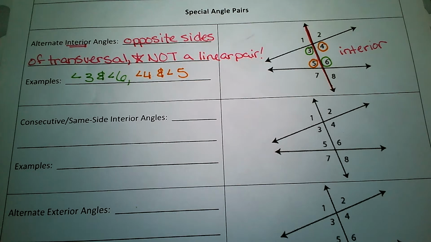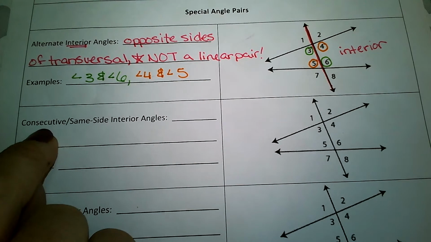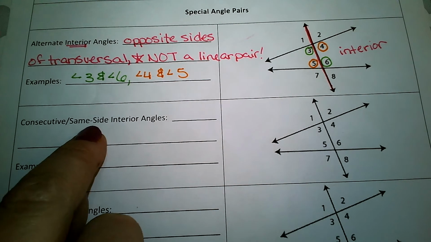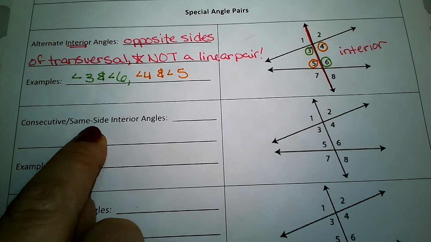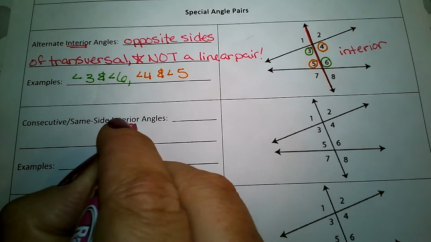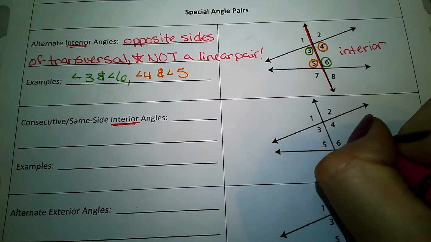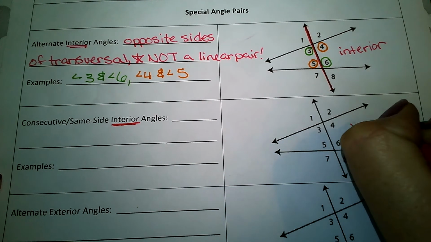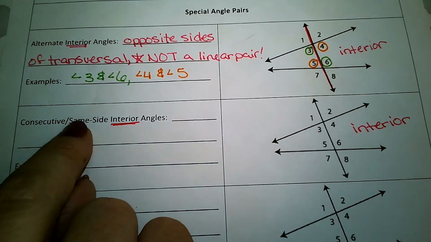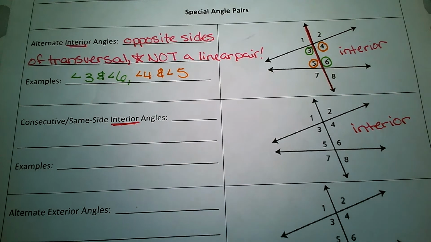The next pair we're going to look at has two names. Sometimes they're called consecutive interior angles, and sometimes they're called same side interior angles. Notice we're still talking about the interiors, this space between the two horizontal lines. Same side interior kind of gives it away.